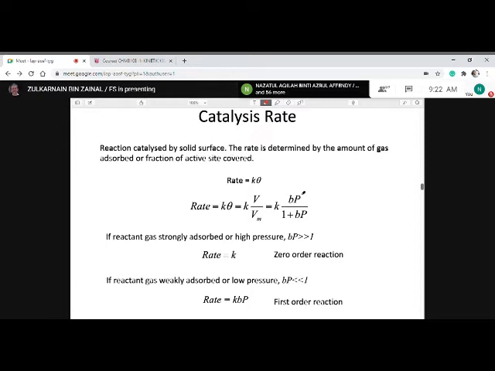Meaning that the rate will depend on theta. We have seen earlier what theta is.